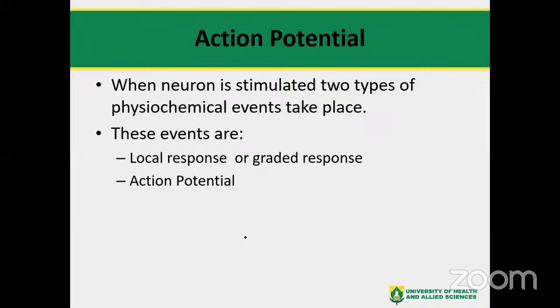Or you step on something, somebody touches you, or you decide in your brain to raise or move your finger, the neuron is stimulated. And so when a neuron is stimulated, two physiochemical events take place. One, local response or graded response. And two, action potential.